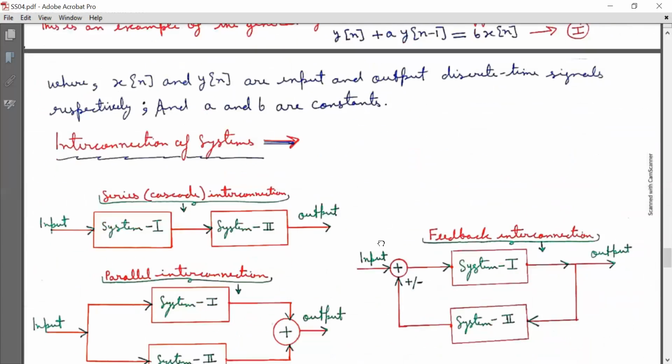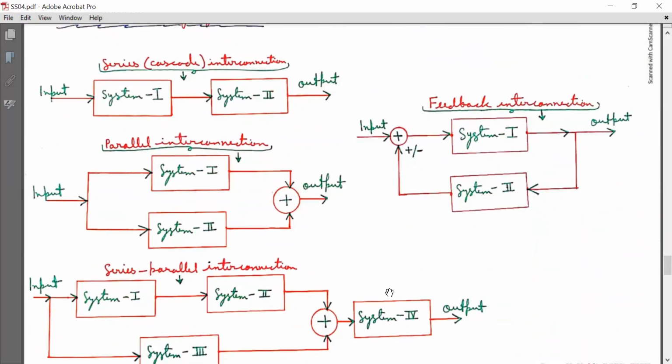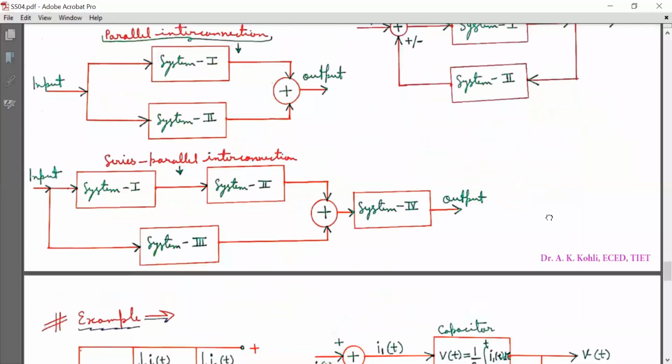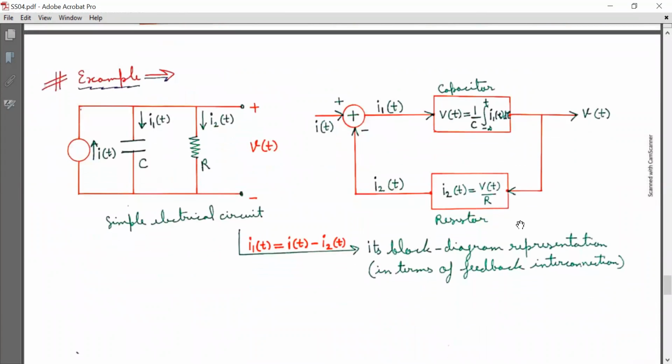And these are some of the most important interconnections of systems, that is series interconnection, parallel interconnection, series parallel interconnection, and feedback interconnection. And this example is a wonderful example which gives us an idea of how we represent an electrical circuit as block diagram representation in terms of feedback interconnection.